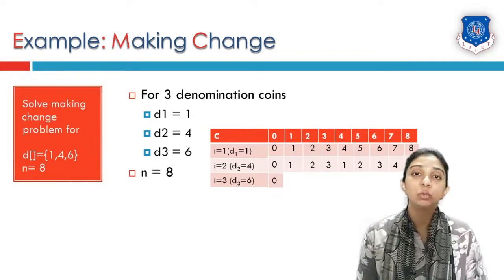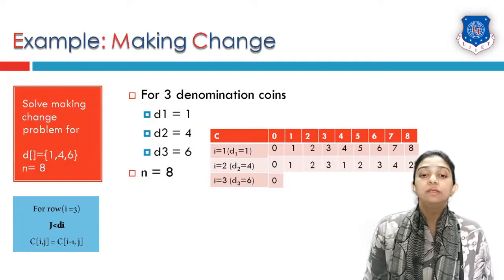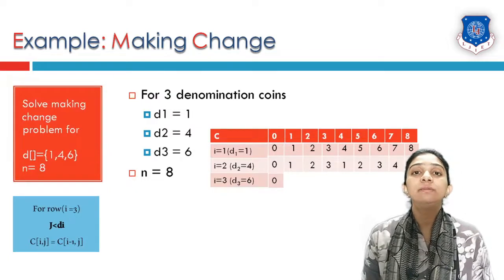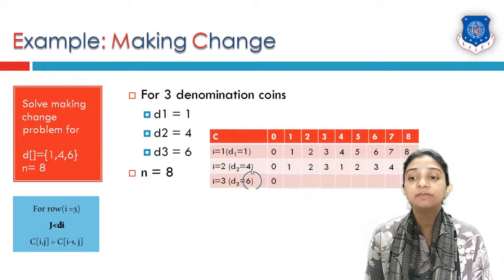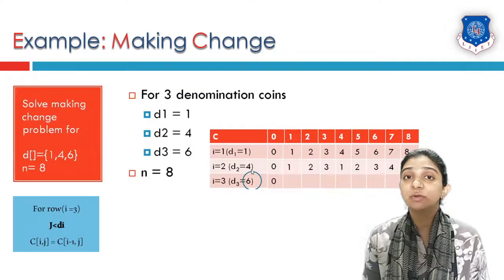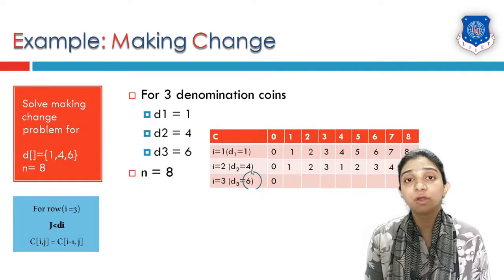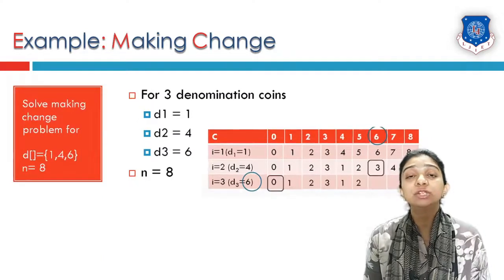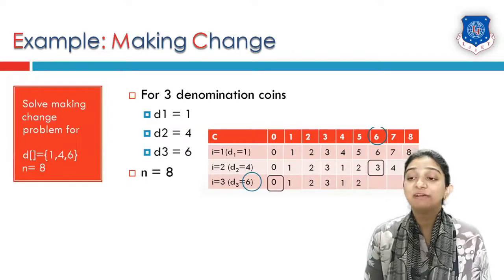Now working with row 3. For row 3, whenever the column number is lesser than the denomination coin value, we have to copy the top cell values. So up to column 5, as the denomination coin value is 6, we are going to copy the top cell values.